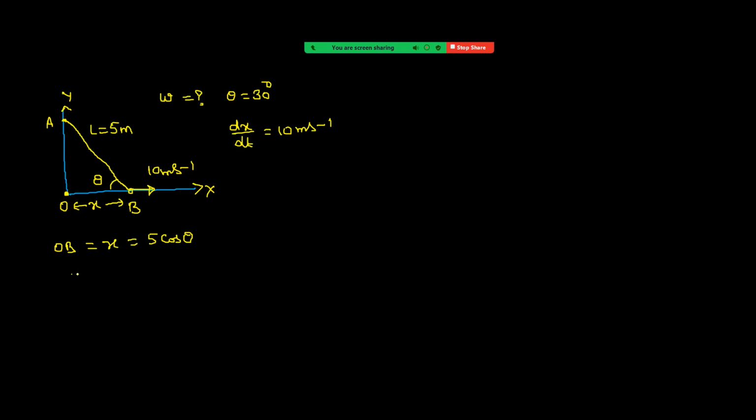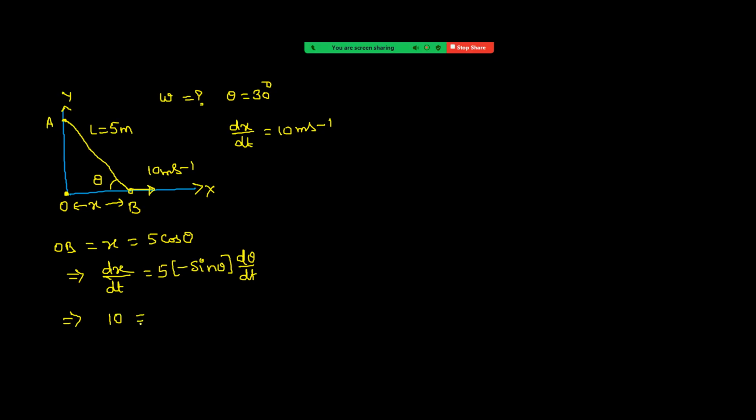So dx by dt equals 5 into the derivative of cos, which is minus sine theta into d theta by dt, right? Now, in the place of dx by dt, it is now 10.